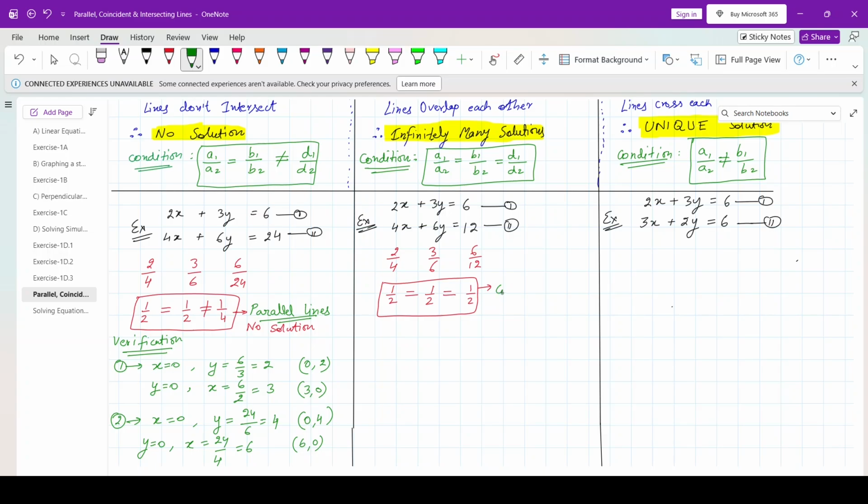So we can say coincident lines, and hence infinitely many solutions.